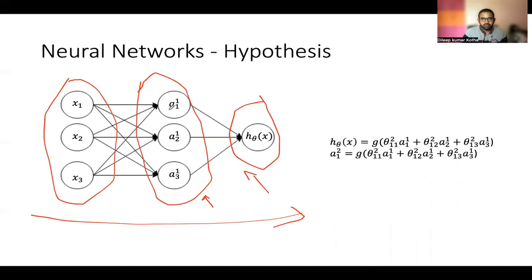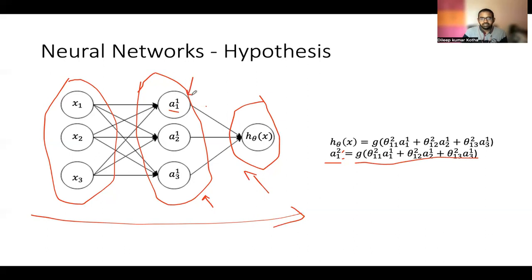And as part of the notation of activation nodes, we can also represent the hypothesis as a2 1, where this 2 indicates the second layer and 1 is the one node. For a multi-class classification problem, we will have multiple hypotheses. So this can be determined as the sigmoid of the parameters applied on these features.